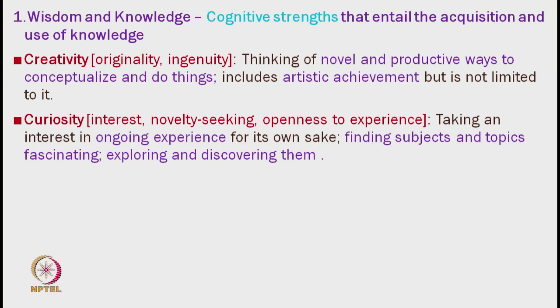Second one is curiosity. Curiosity means interest, novelty seeking, openness to experiences. It means taking an interest in ongoing experiences for its own sake, finding subjects and topics fascinating, exploring and discovering them.